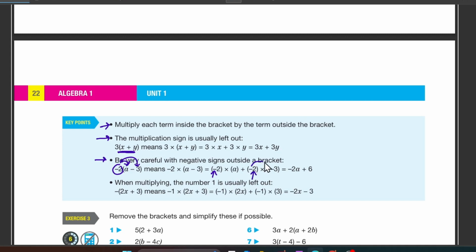And if something like this happens, minus minus multiply, it becomes plus. And when multiplying, the number 1 is usually left out. So 1 times x, we usually just write x. Okay, that's the same, no?